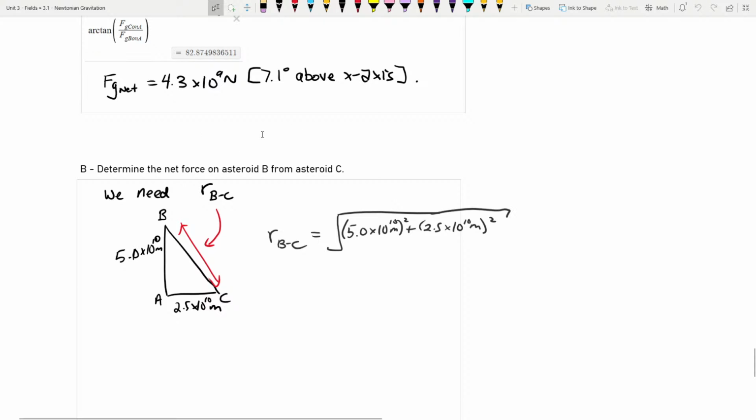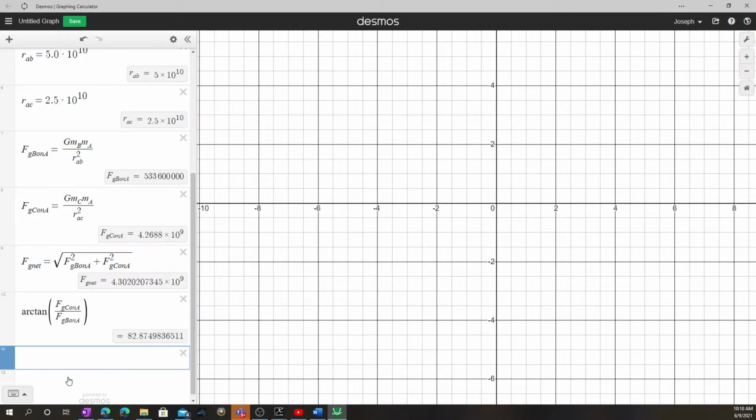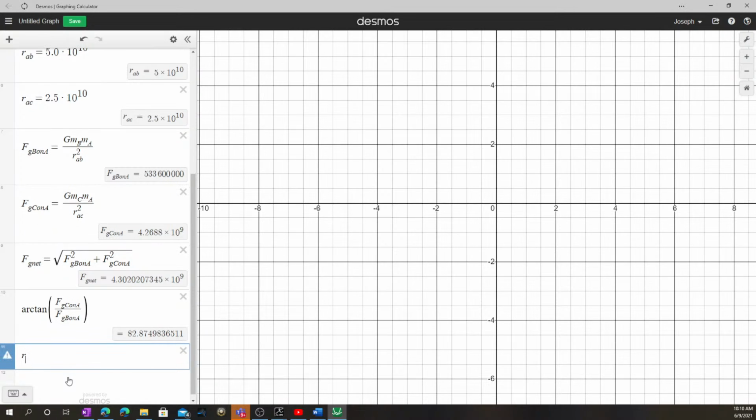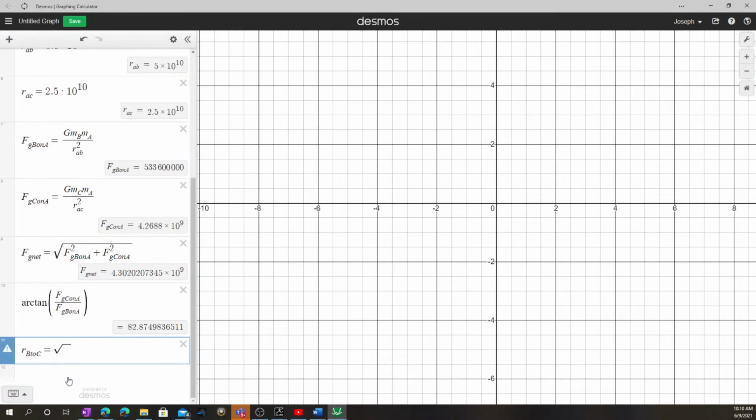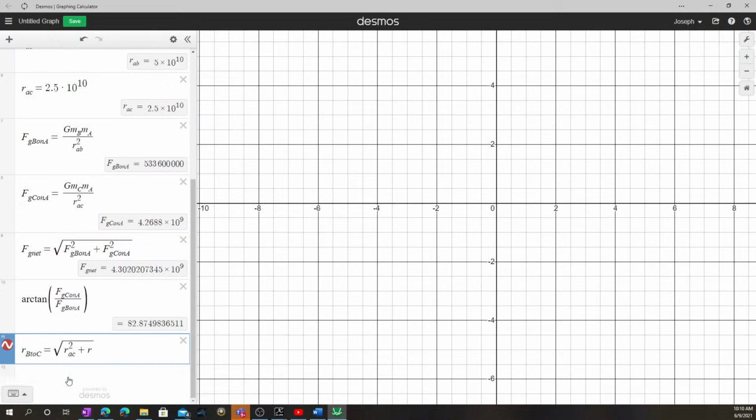And we get R BC being equal to 5.9 times 10 to the 10 meters.